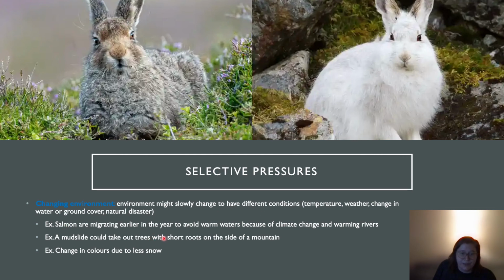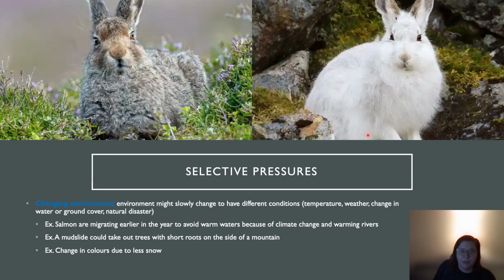A mudslide could take out trees with short roots on a mountain. That would leave the trees with long roots behind, and it would select for trees with longer roots. There's also a lot of cases of animals who are changing color because they are trying to camouflage in less and less snow.